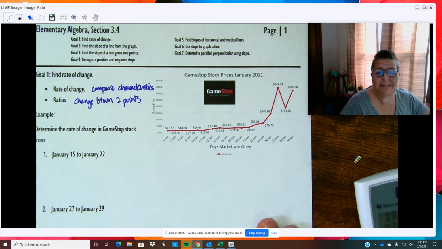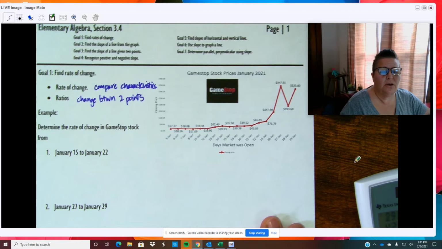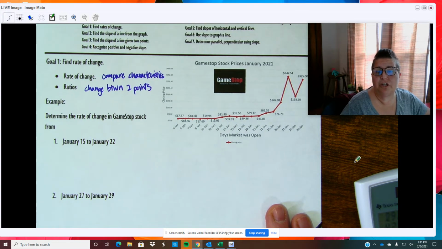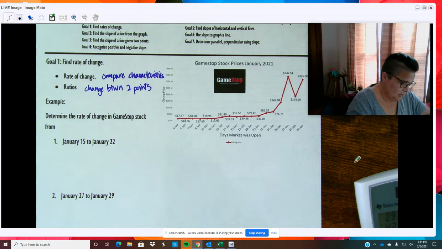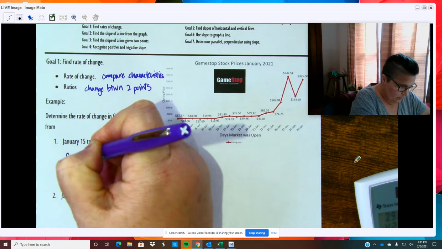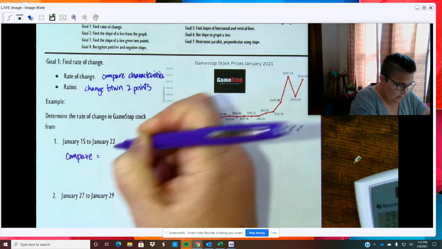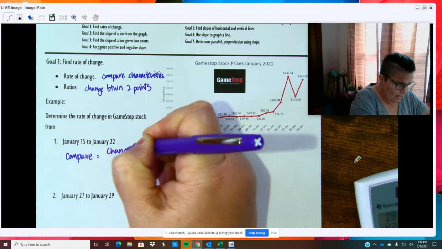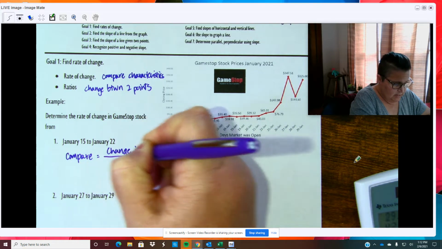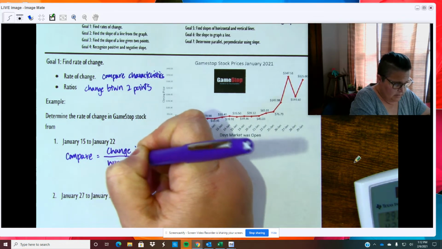So if we take a look at this, we want to compare January 15th to January 22nd. So we are going to compare the change in the price of the stock to the number of days.